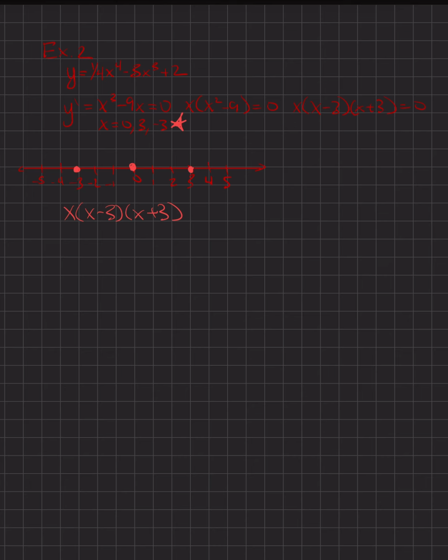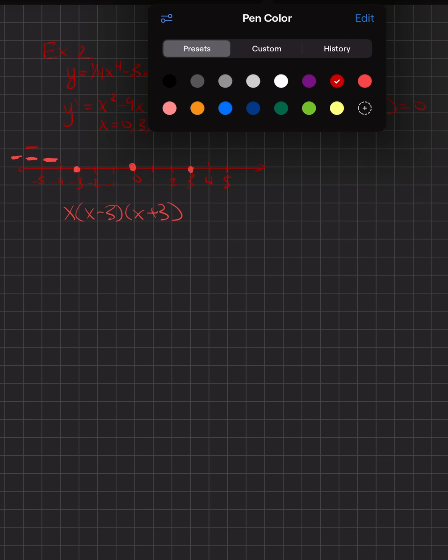So let's evaluate the function at numbers less than -3. If we go from here, our x, of course, is going to be negative. Then our x minus 3 is going to be negative. And then our x plus 3 is also going to be negative. So if we multiply them together, what are we going to get? We're going to get that this is negative for the sign.